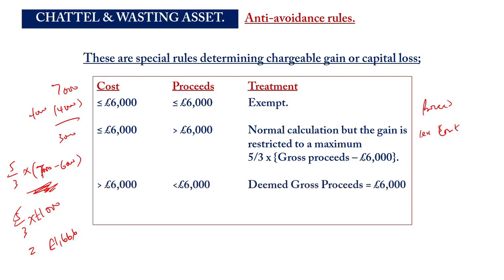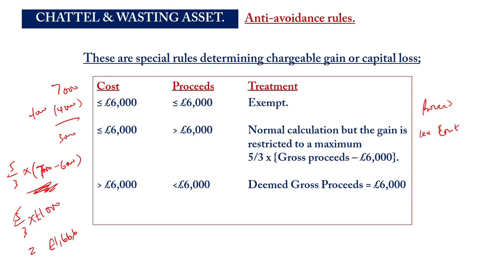Okay. Now, when the cost is more than 6,000 pounds, but the proceeds is less than 6,000, you are selling the assets for less than 6,000, but you bought it for more than 6,000. Then you are going to assume or capture the proceeds as equal to 6,000, meaning there will be no gain, there will be no loss.